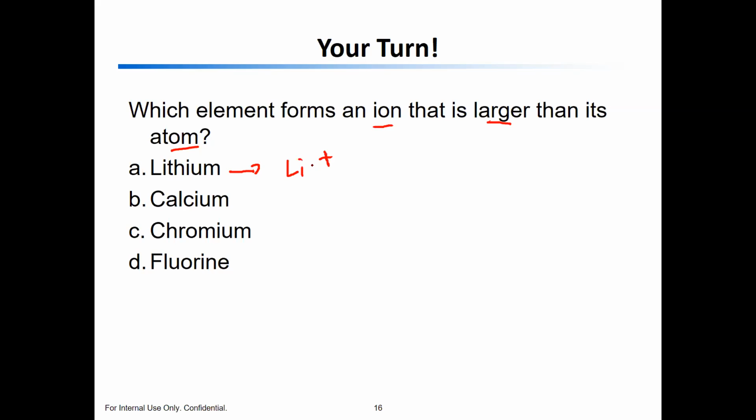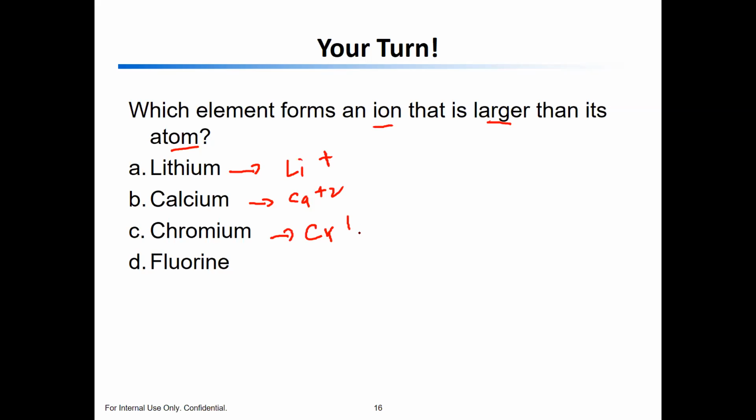Where is lithium on the periodic table? Column number 1. And lithium wants to lose an electron to become like a noble gas. Calcium, is that plus or minus when it becomes an ion? Plus, plus 2. But it's chromium. Plus. Chromium is a metal.